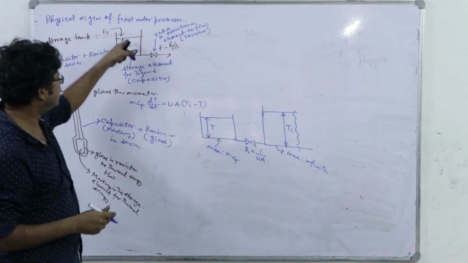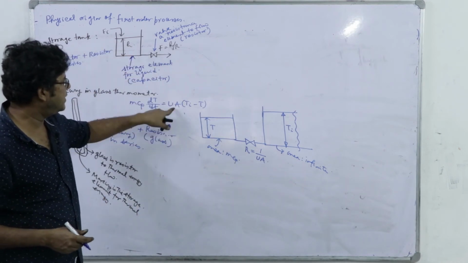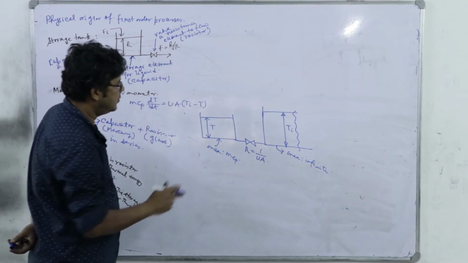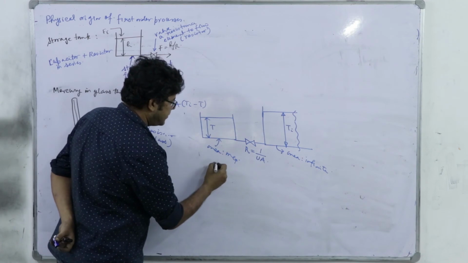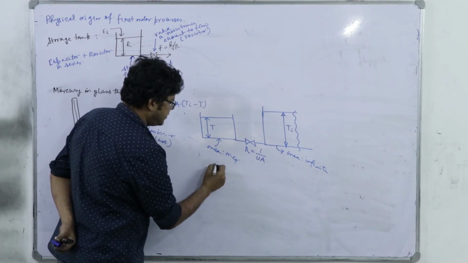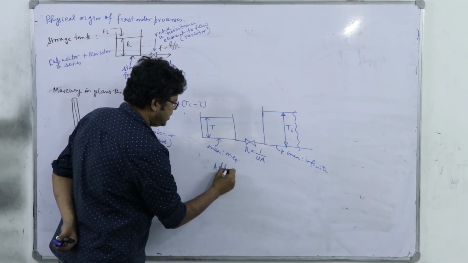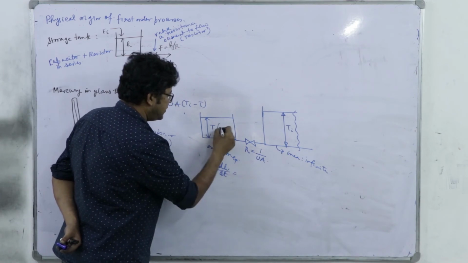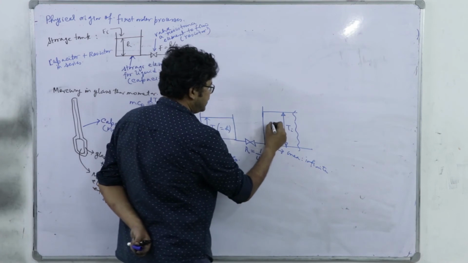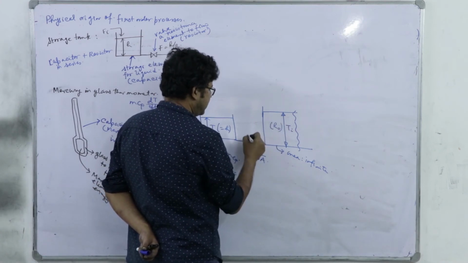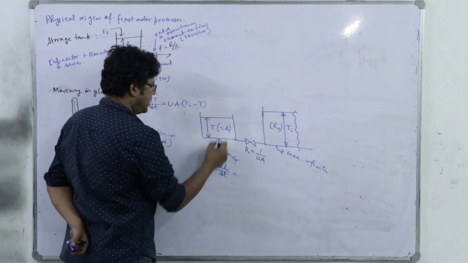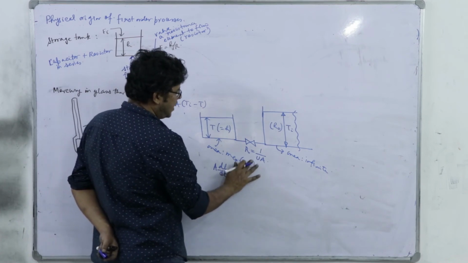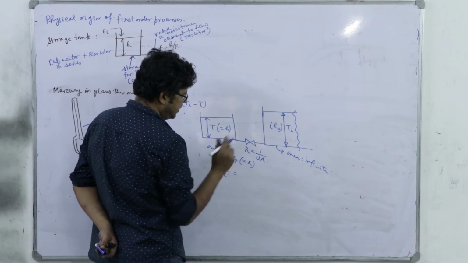See, the same structure identically gives the mercury in glass system, because here we can write area a into dH/dt is equal to, say, this is H, this is H0, this is R, and the area is small a, because A we have already used.